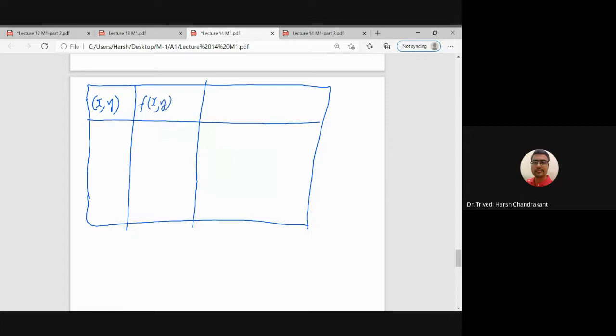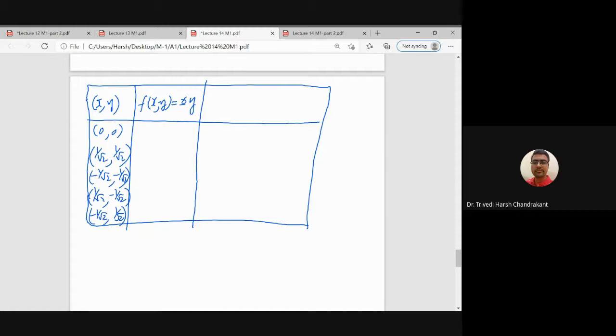So our function is simpler in this case, which is x into y, and points are (0, 0), (1 by root 2, 1 by root 2), (minus 1 by root 2, minus 1 by root 2), then opposite sign of x and y.